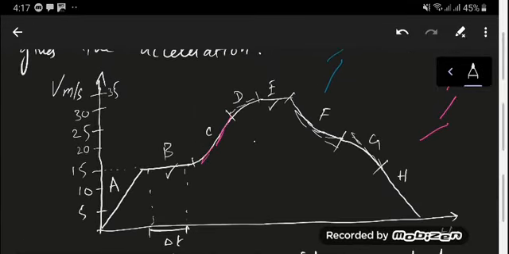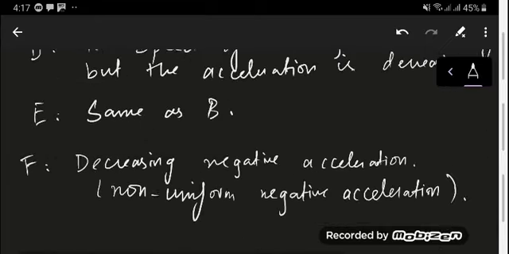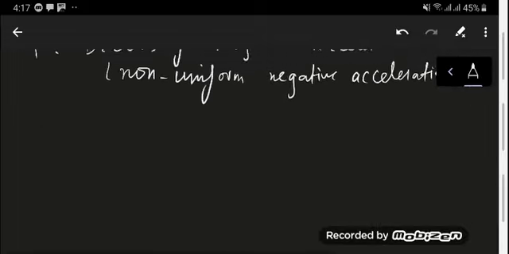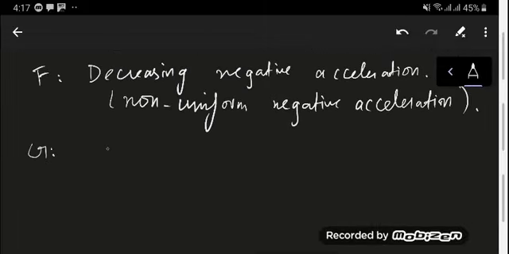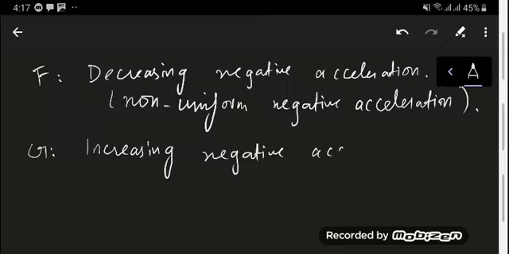The speed is decreasing at a faster rate. So part G is increasing negative acceleration.